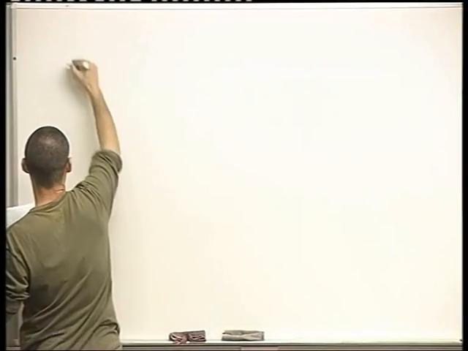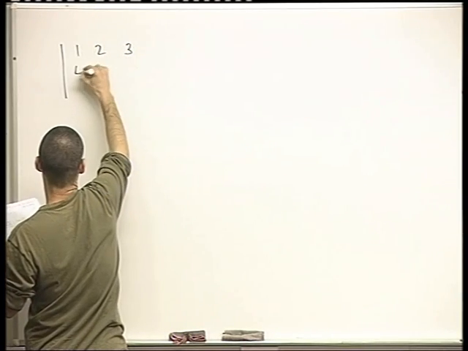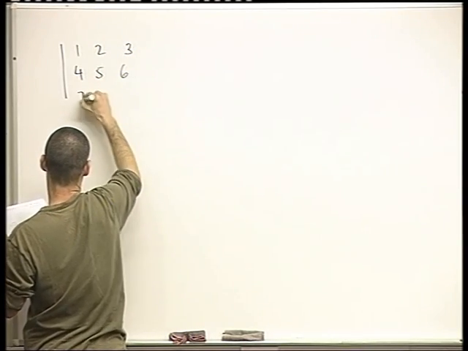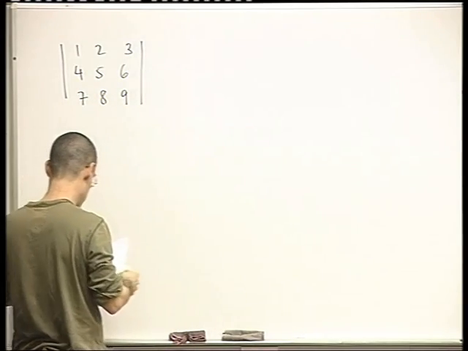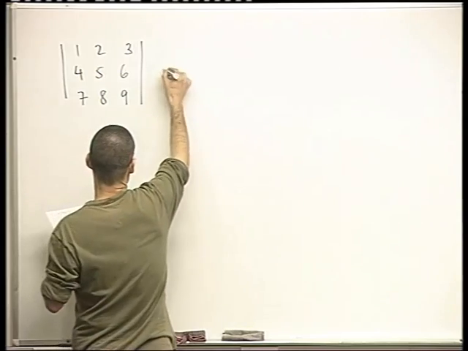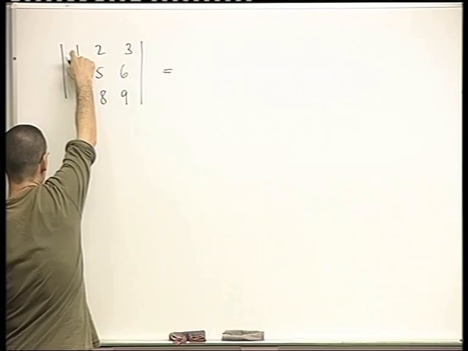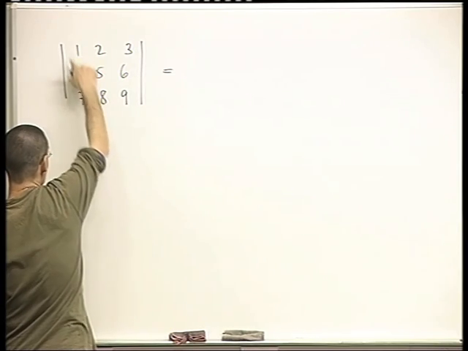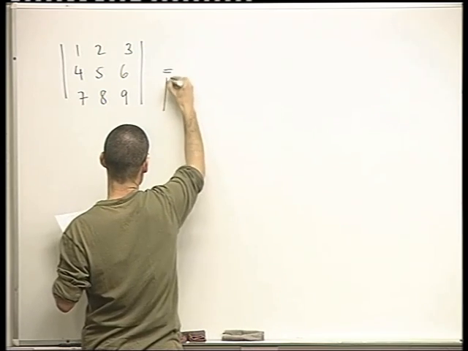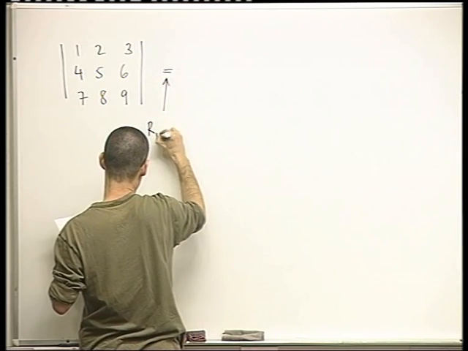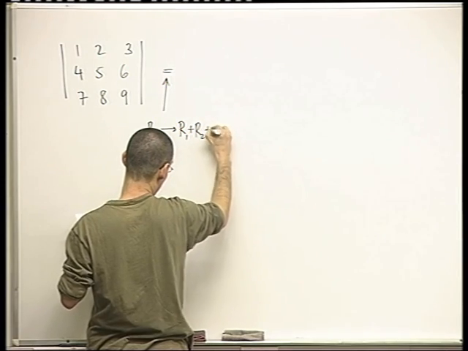So here's an example. 1, 2, 3, 4, 5, 6, 7, 8, 9. So let's add to row 1, row 2, and row 3. What I'm doing is replacing R1 by R1 plus R2 plus R3.